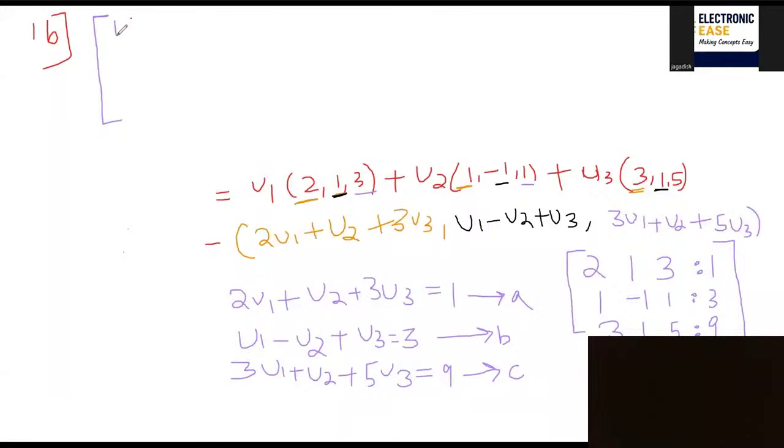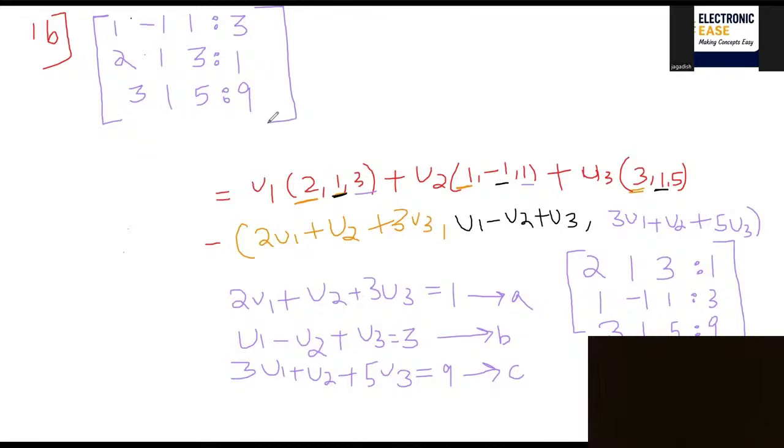So we will be getting 1, minus 1, 1, equals 3. Next I will be getting 2, 1, 3, equals 1. Next 3, 1, 5, equals 9.